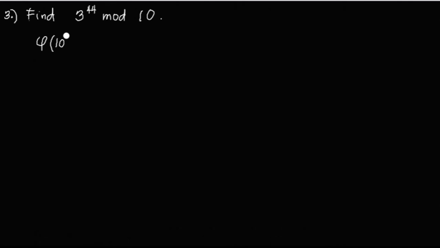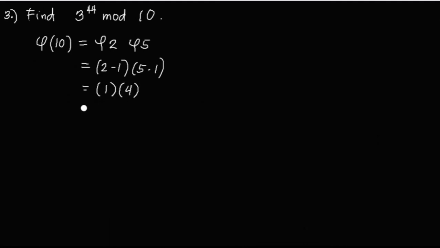Nakuha na natin to kanina, di ba? So, phi of 10 is the same as the phi of 2 times the phi of 5. And using rule number 1, that's 2 minus 1 and 5 minus 1. So that is 1 times 4, that is equal to 4.